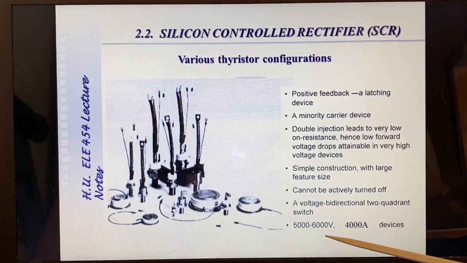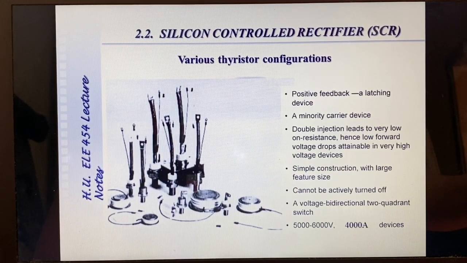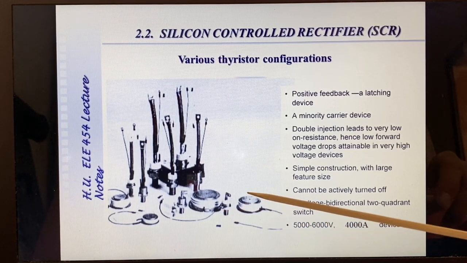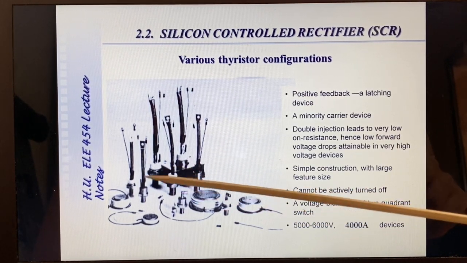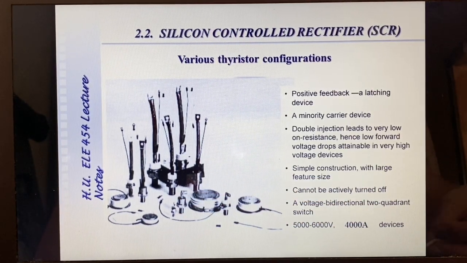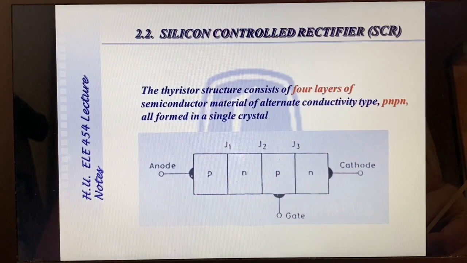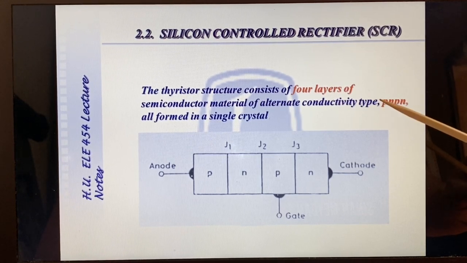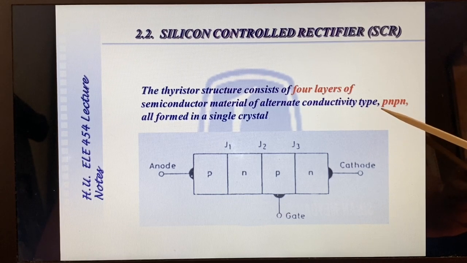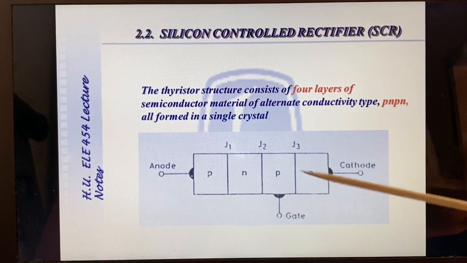So these are the voltage and current ratings of the devices. Similar to the diode packages, for thyristors you have either discrete types, stud mounted types, disc packages, or screw mounted types. As we said, the thyristor structure consists of 4 layers of power semiconductor material of alternate conductivity type, PNPN.